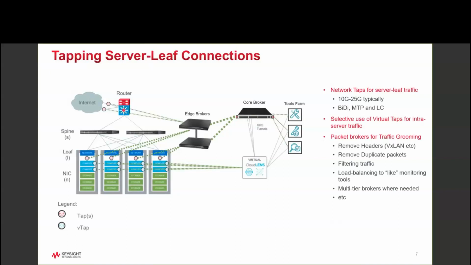But ultimately, for example, I have a customer right now that decided to begin by focusing on server connections and server leaf, as Tim explained here. But what they did was they made sure to factor into their purchase plans the ability to tap that 40 gig spine leaf infrastructure so that they could eventually monitor latency in the core.